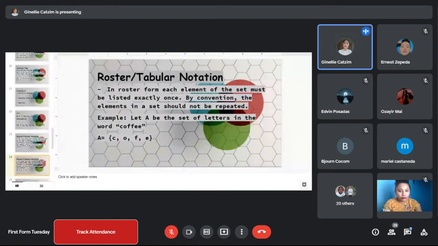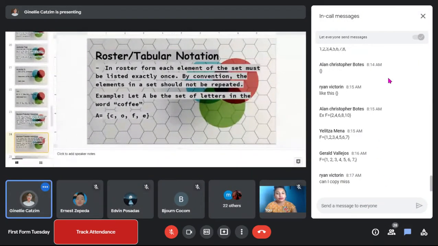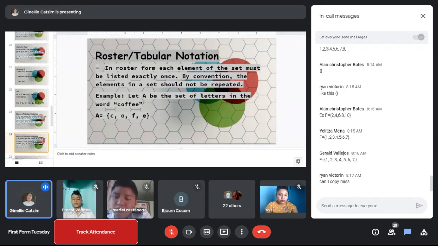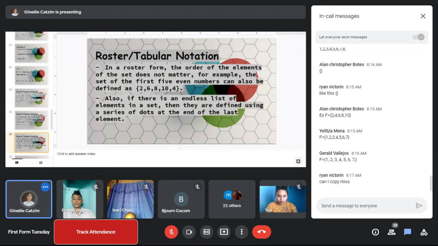We have A equals curly brackets C, comma, O, comma, F, comma, E. As you notice, we do not have 2 F's and we do not have 2 E's. We just have one of each, right? So let's say for another example that has many of the same letters, we will only write that letter or the number once, right?